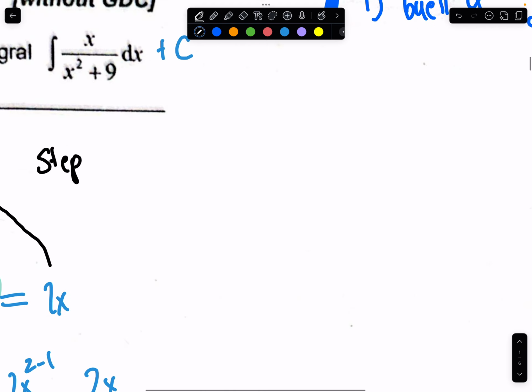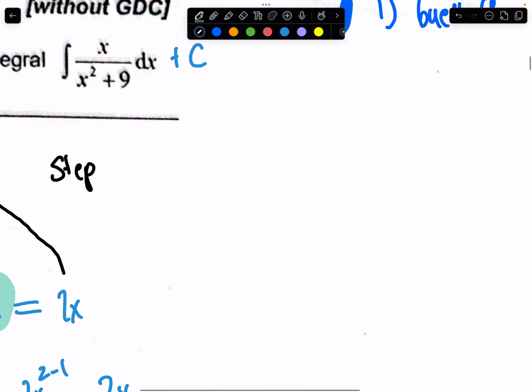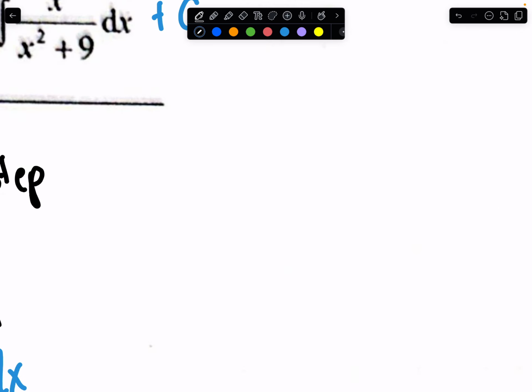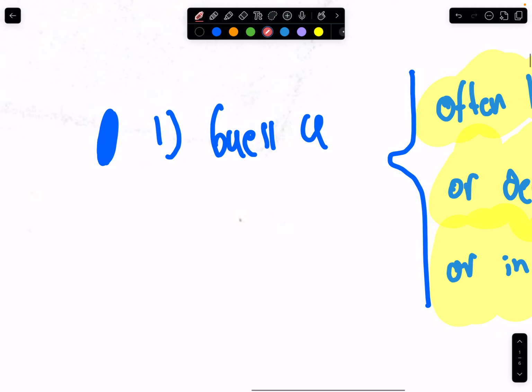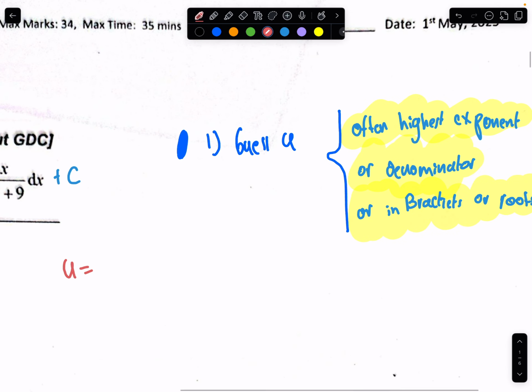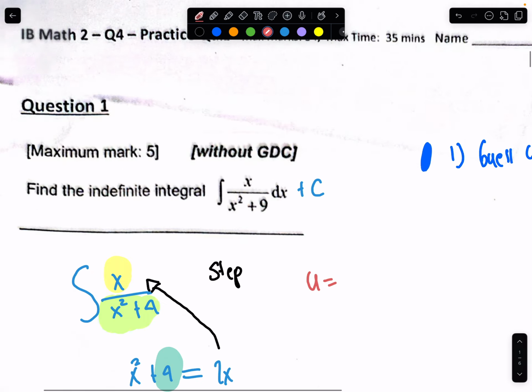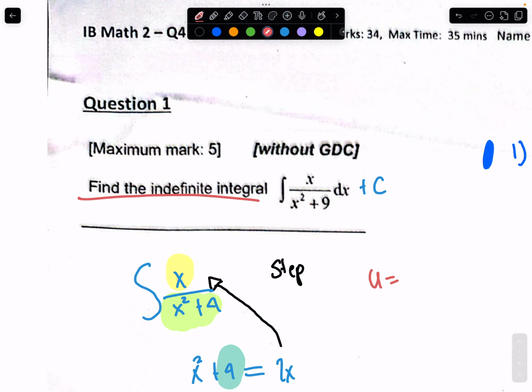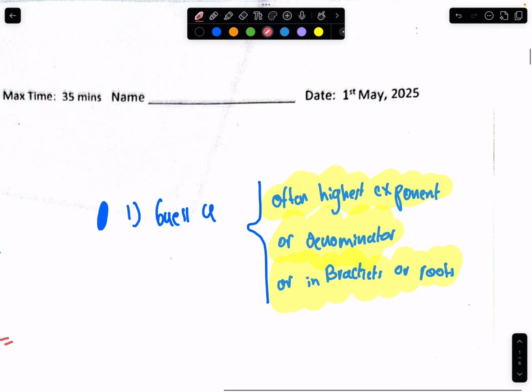Now, how do we guess what to substitute? How do we guess what u is? I've given you simple tricks for when you're stuck, and these simple tips will help you solve any type, or at least the beginning of any type, of indefinite integral.